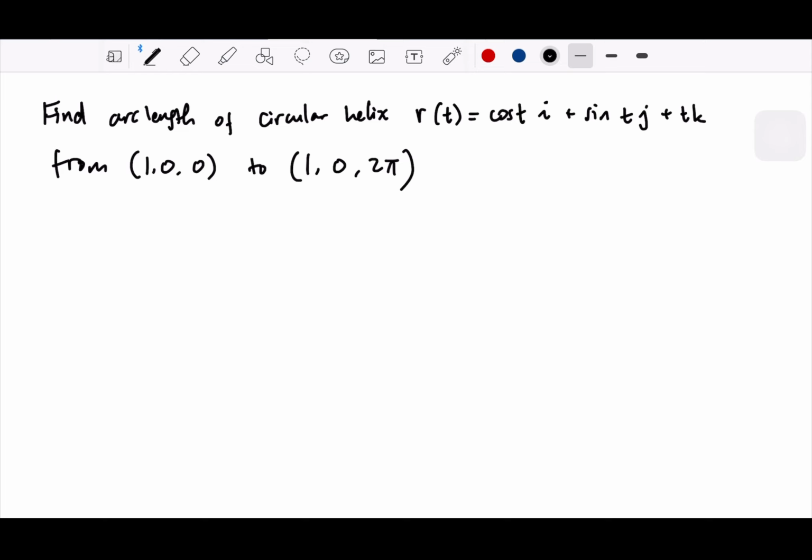So imagine how this looks. You take t from 0 to 2 pi, and if you want to draw a graph, you can set t for some values from 0, maybe pi over 2, pi, 2 pi, and see how you can create a helix structure.